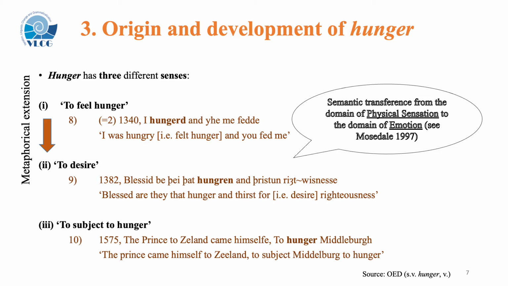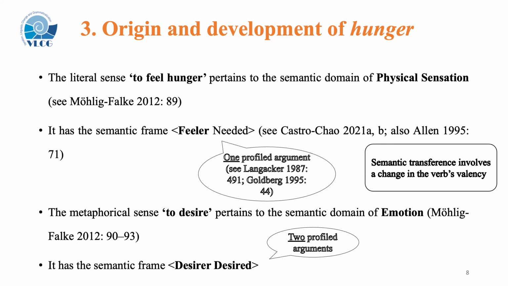There is a process of semantic transference such that the second sense is derived from the first, and this transference process involves a change from the domain of physical sensation to the domain of emotion. The literal sense to feel hunger pertains to the semantic domain of physical sensation and has the semantic frame feeler, needer, where only the feeler is lexically profiled.